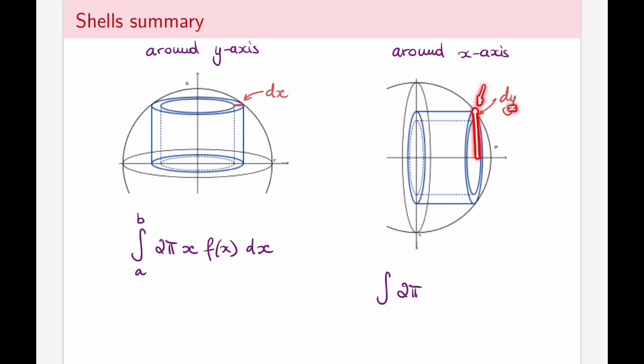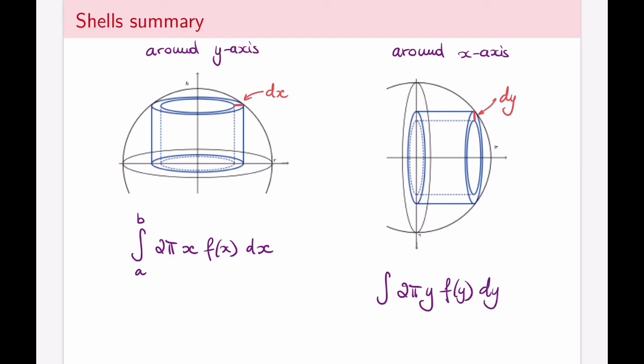And because my integral is in terms of y, that is what I'm going to leave. And then the height of the cylinder is this value right here, which of course corresponds to the x-coordinate of this point, which is the function value for that point y, times the thickness.